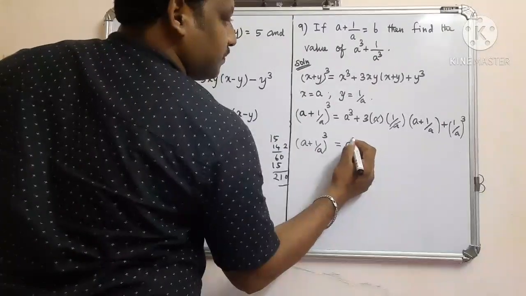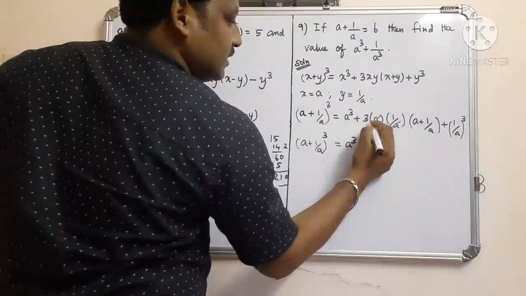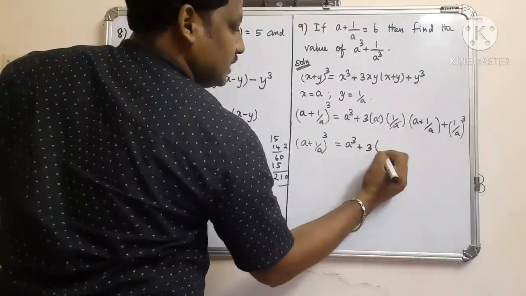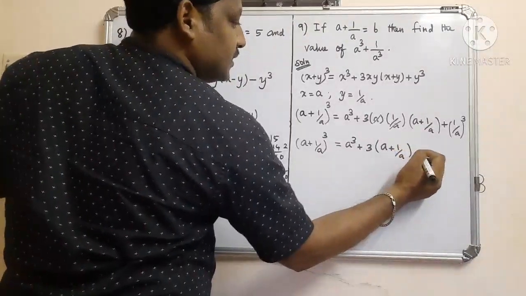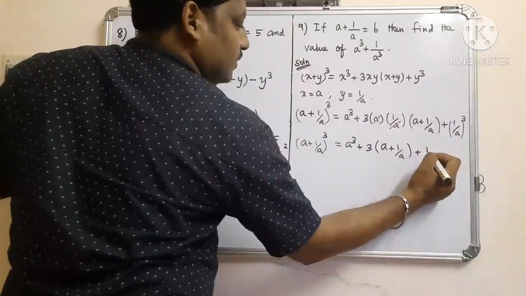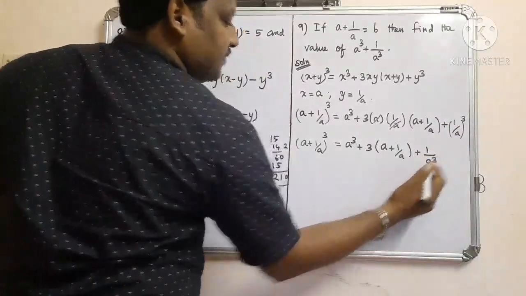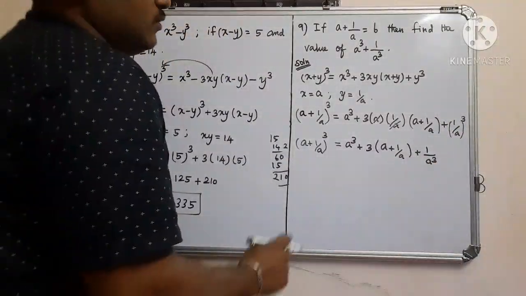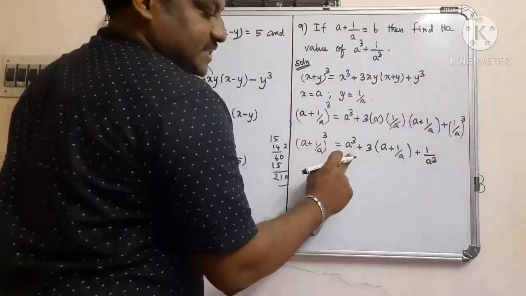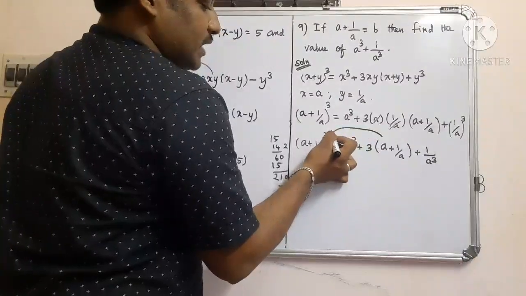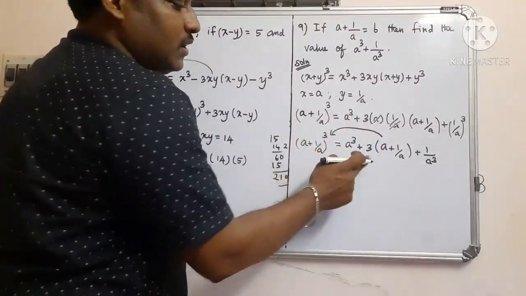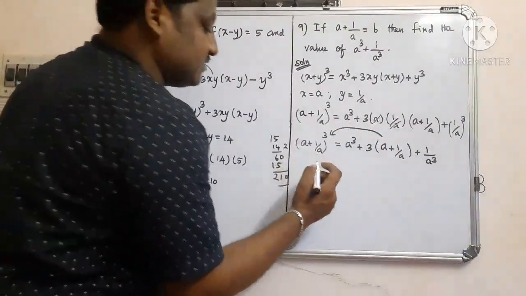So here a will be cancelled, which is equal to a plus 1 by a the whole cube, a cube plus 3 into 1, 3 into a plus 1 by a, plus 1 cube is 1 by a cube. So we have to find out the value of a cube plus 1 by a cube alone. So 3 into a plus 1 by a should be shifted over here, plus value should change into the minus value.